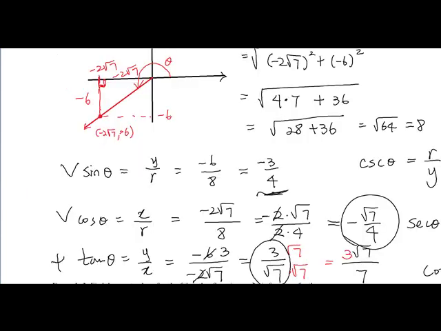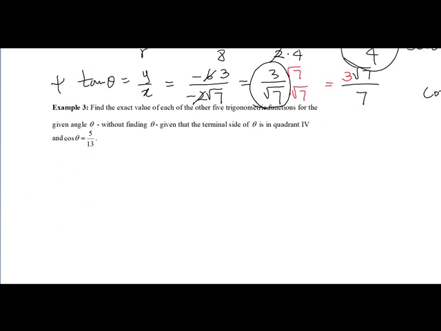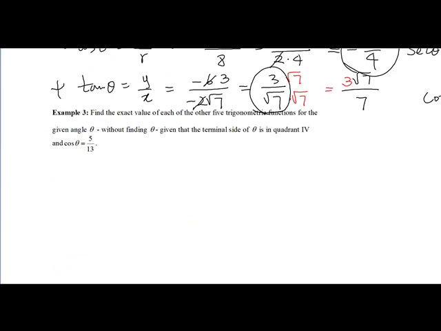So here is the next example. Cosine theta is given to you, and theta is in quadrant 4. So you will draw the angle in quadrant 4 in standard position.